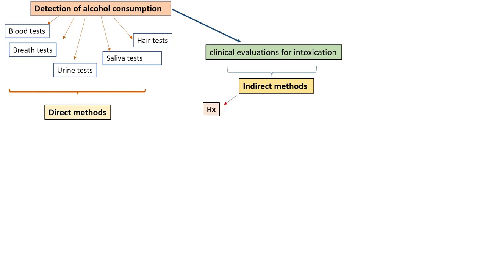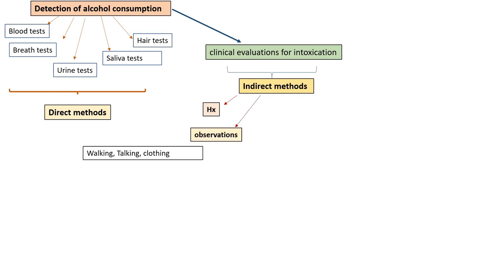So here we first have to have the proper authority, then take a good history: the consumption, the type and the time, whether he has taken it on an empty stomach or with carbonated drinks, etc. Then observations: his manner of walking, whether he is aggressive, how he talks, and clothing as well. So we can take a clue.